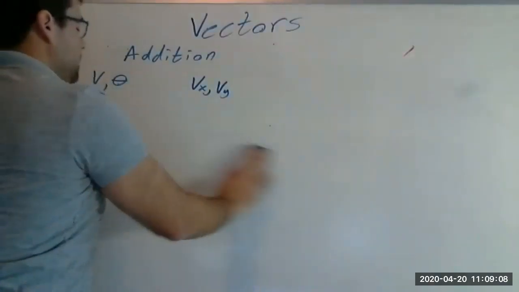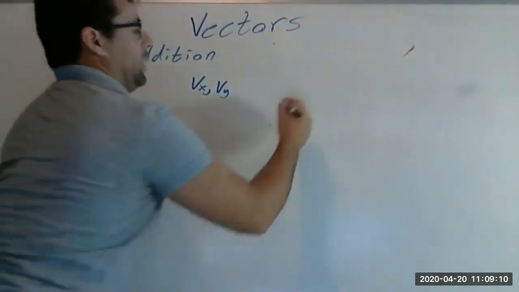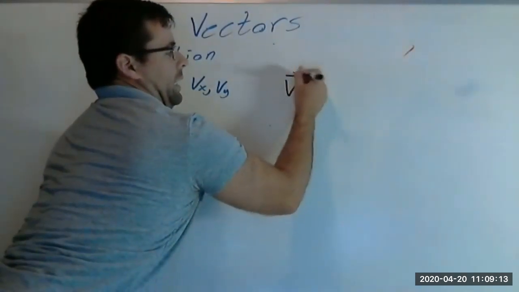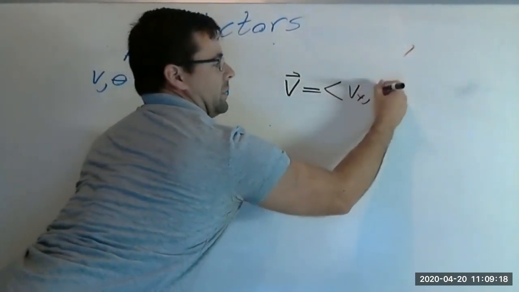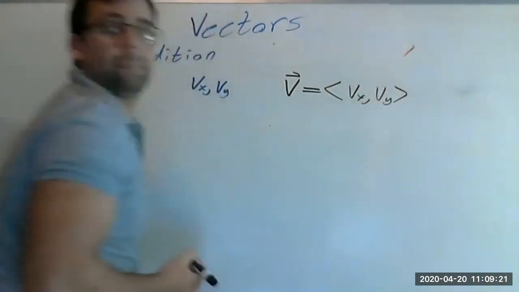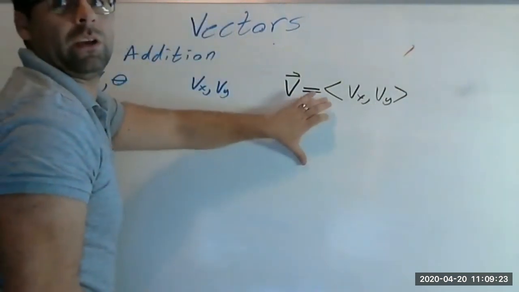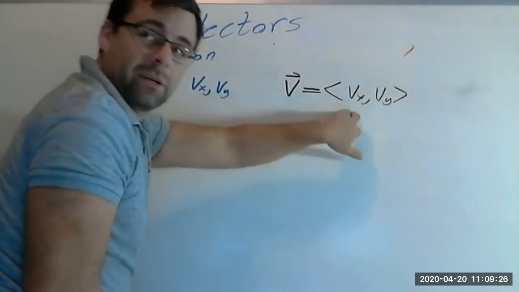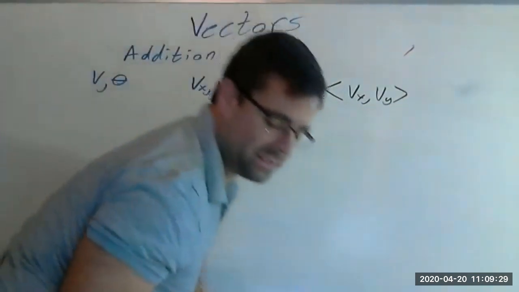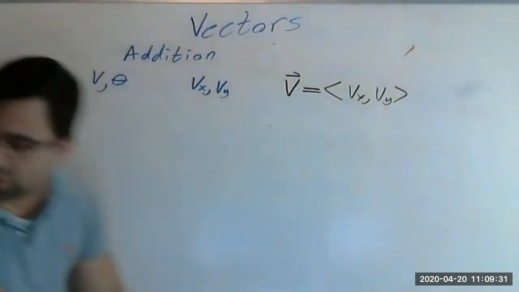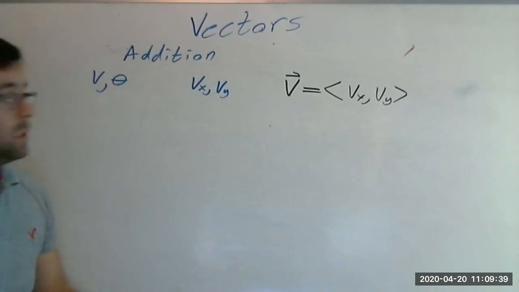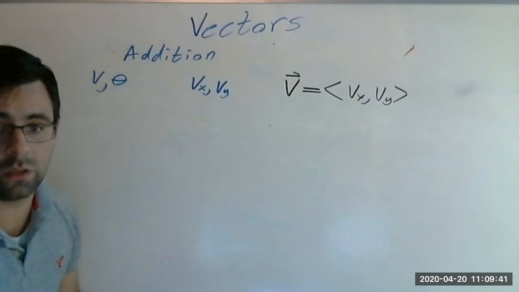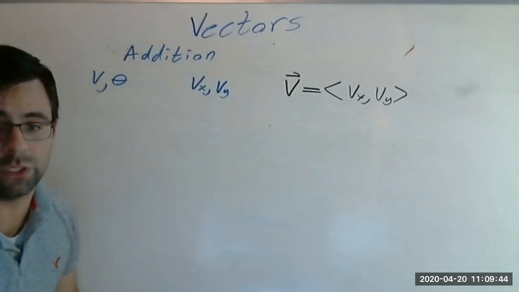So remember the way it works for component form is like this. Whenever I do the bracket, the x component is the first one and the y component is the second one, just like if you're talking about points. So let's say we have two vectors.